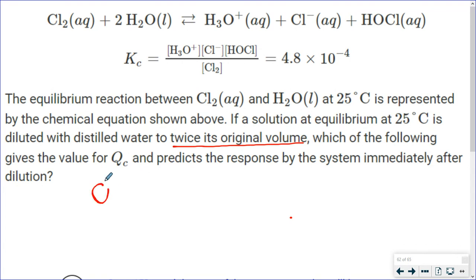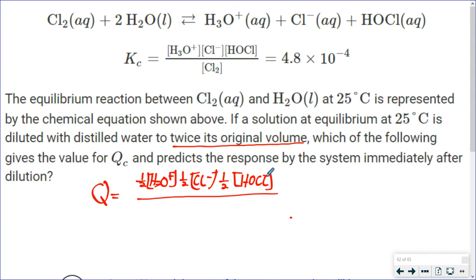So my Q value is going to be my Kc value, but on top I'll have 1/2 of the original concentration of H3O plus, and I would also have 1/2 the original concentration of Cl minus, and another factor of 1/2 for the concentration of HOCl, divided by 1/2 of the concentration of Cl2.